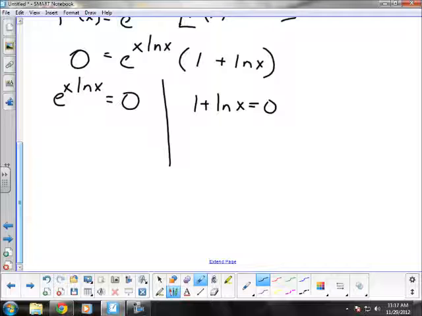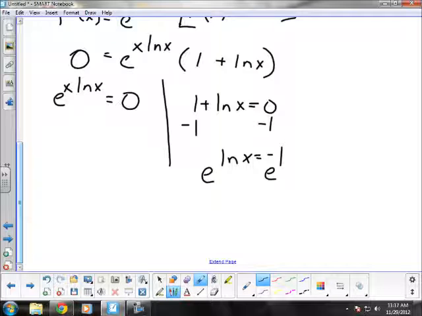Okay, so what am I going to do? Subtract 1, so we get the ln of x is equal to negative 1. Are you sure? Remember how to solve this? That's right. You have to exponentiate both sides. So in other words, I'm going to take each side and make it e raised to that piece.